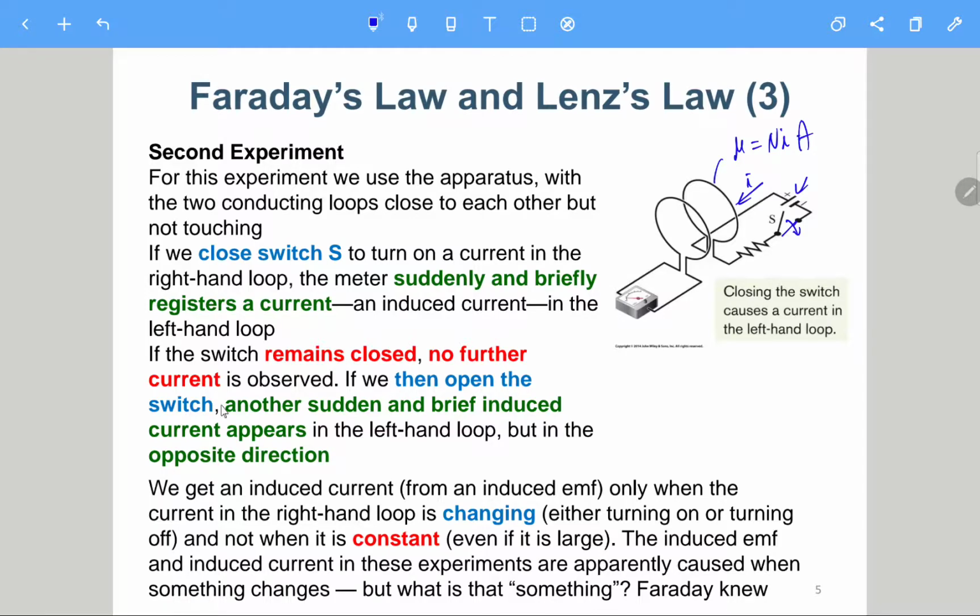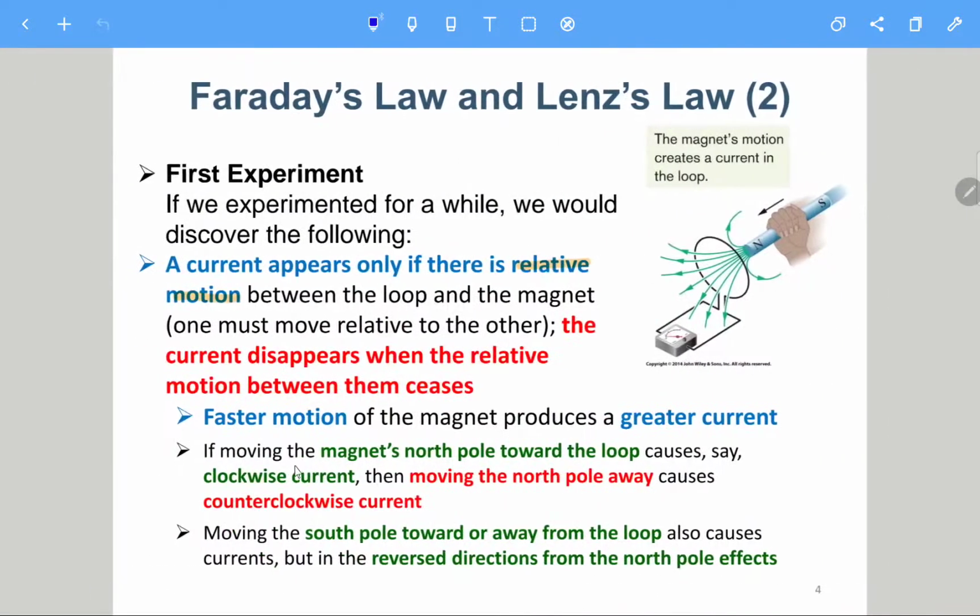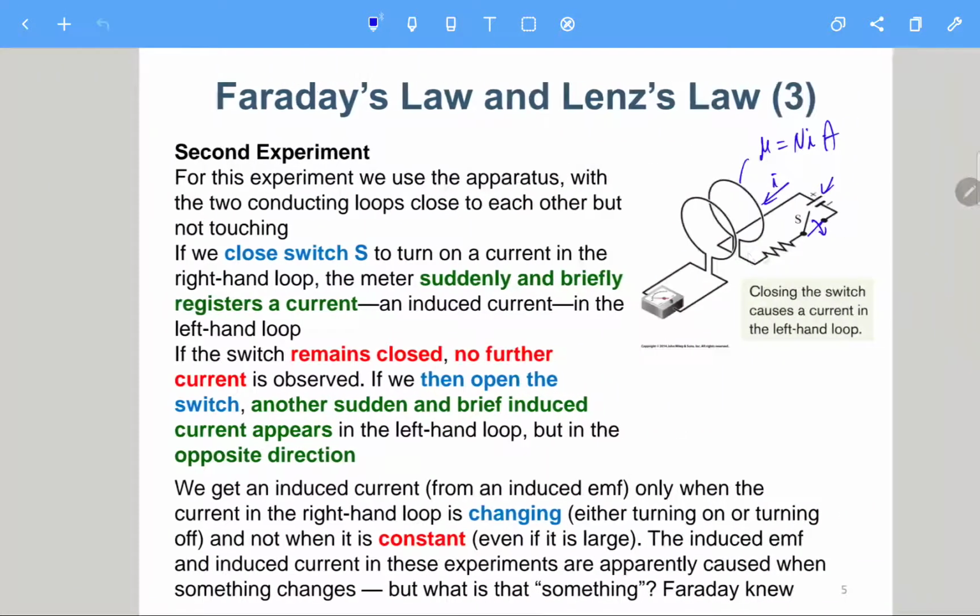If we then open the switch, another sudden and brief induced current appears in the left hand loop, but in the opposite direction, which is somehow like this case. You move the magnetic part closer to the loop, and then there will be current. If you stop, there will be no current. Then you remove it, there will be current, but in the opposite direction.